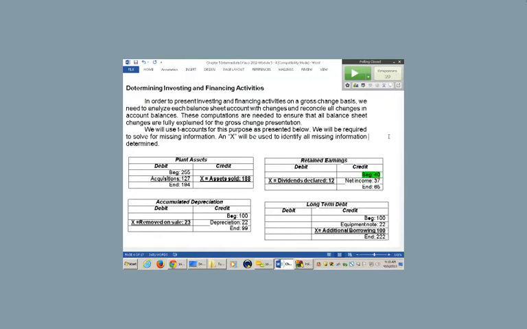They ended the year with 194. Now, if I look at my acquisitions, I know from the data that was given that I acquired 127 in new plant. I don't know the cost of the assets sold. I've got the book value.